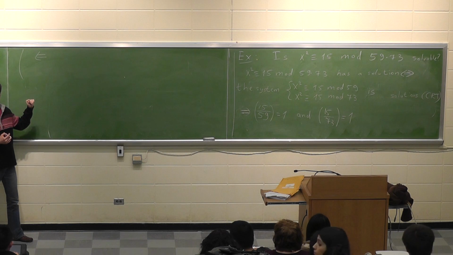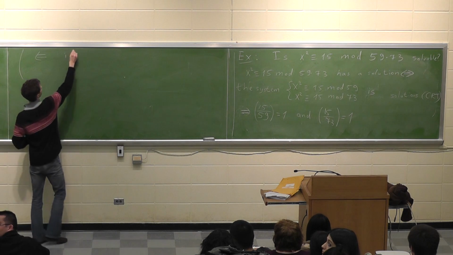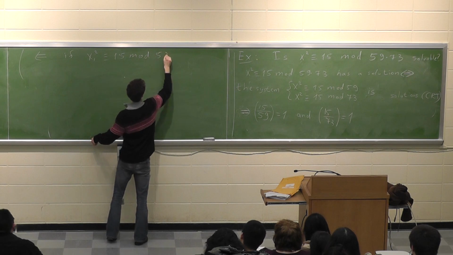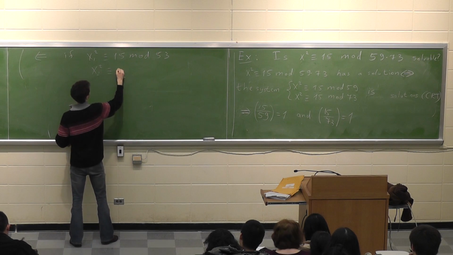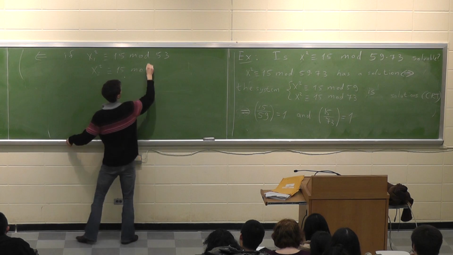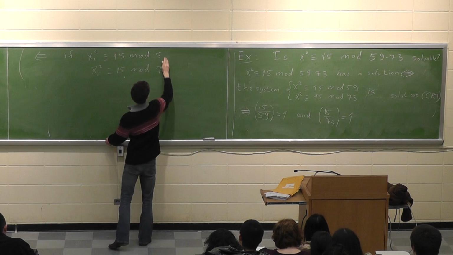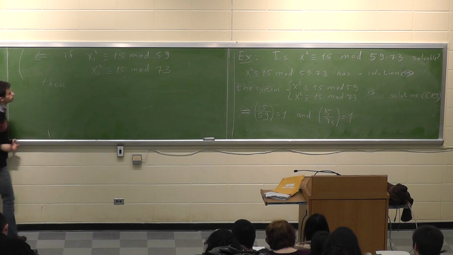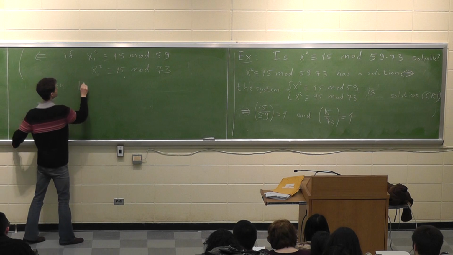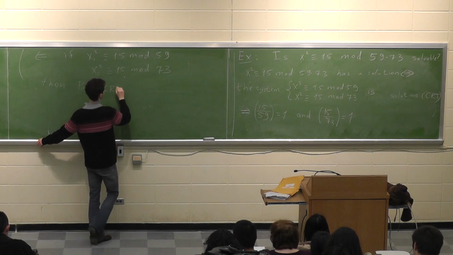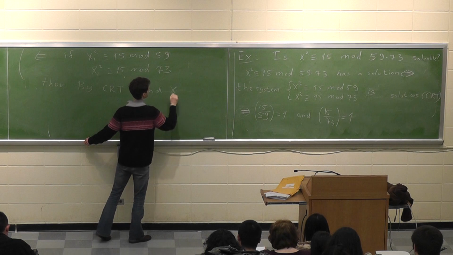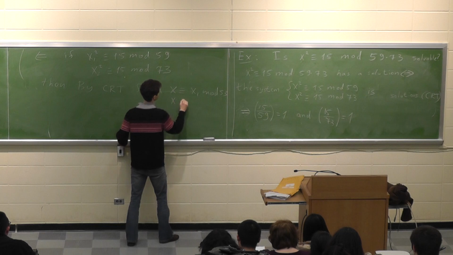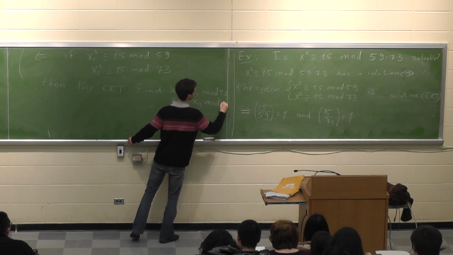If x1 squared is congruent to 15 modulo 59, and x2 squared is congruent to 15 modulo 73, then by the Chinese remainder theorem, find x which is congruent to x1 modulo 59 and congruent to x2 modulo 73.